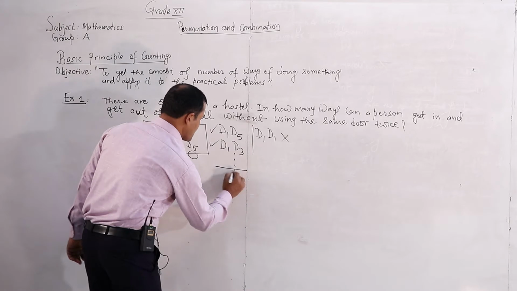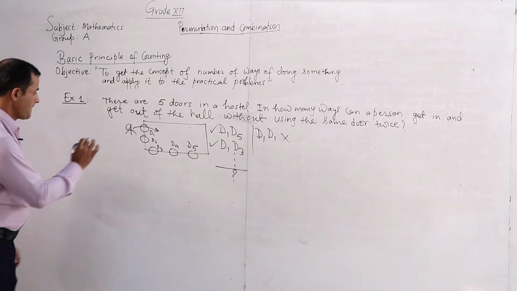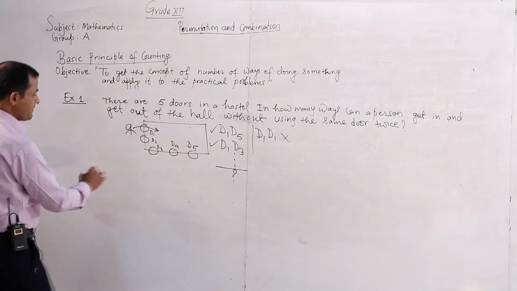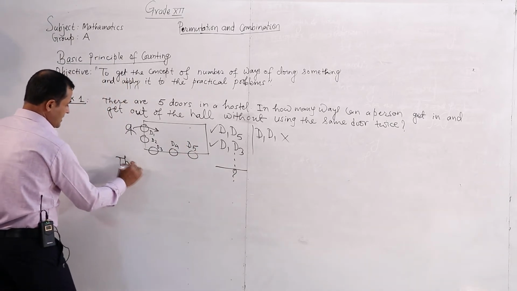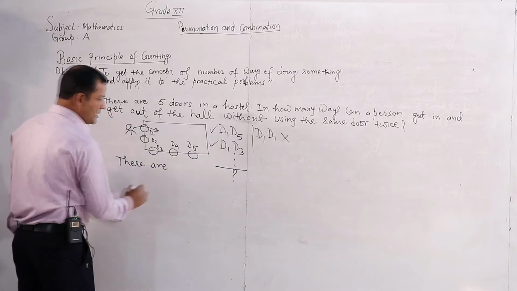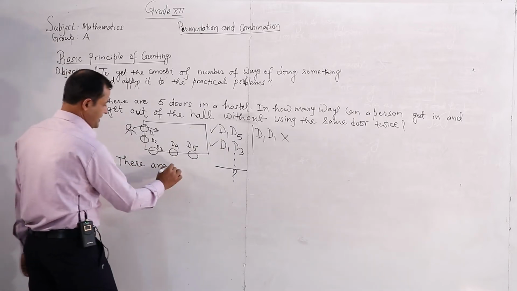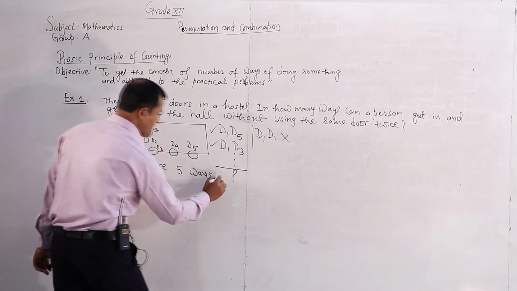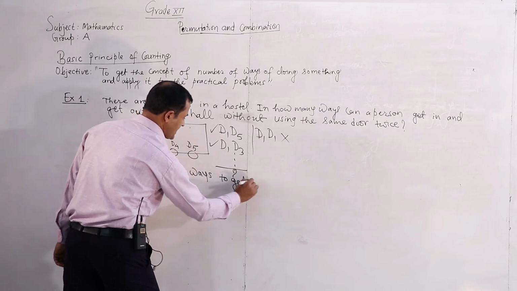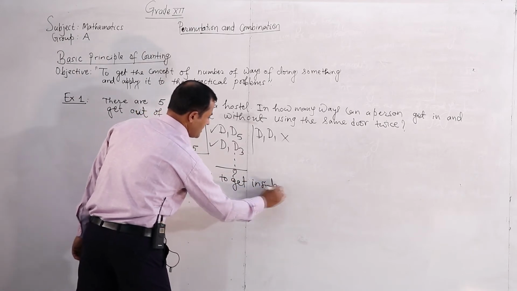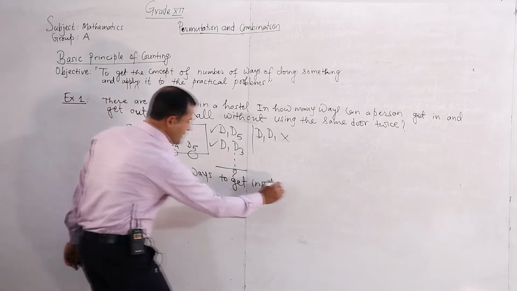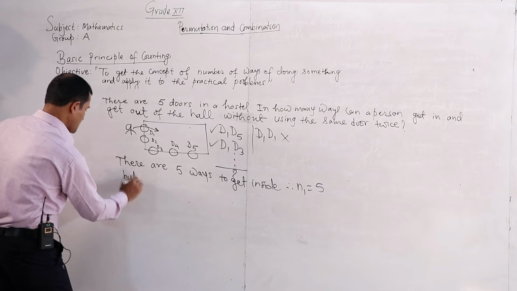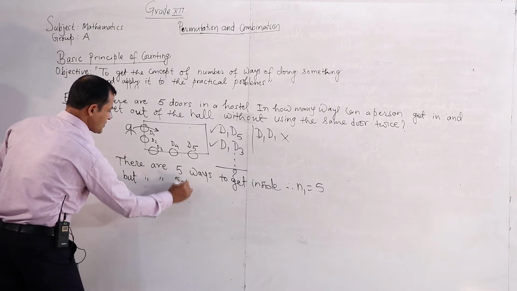How many ways altogether? Let's make use of the concept discussed earlier. How many ways to get in? There are 5 independent ways to get inside. So N1 equal to 5. But there are 5 minus 1 ways out. Why?